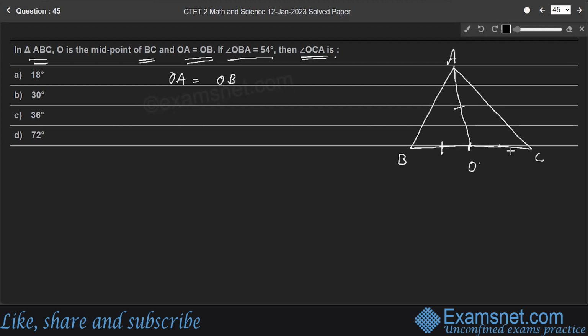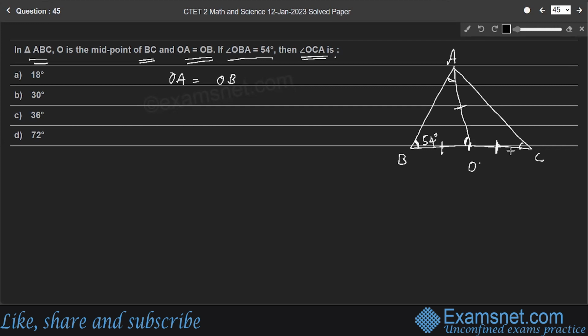Since O is the midpoint of BC, we can say OB is equal to OC. These 3 sides are equal, right? Angle OBA, this angle B, is 54 degrees. What is the measure of angle C? Here, let us find angle BOA. How to find that? Considering triangle ABO, angle BAO is equal to the given angle ABO, because they are opposite angles of equal sides.